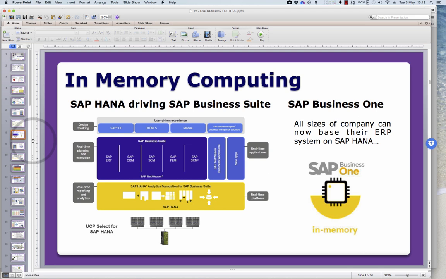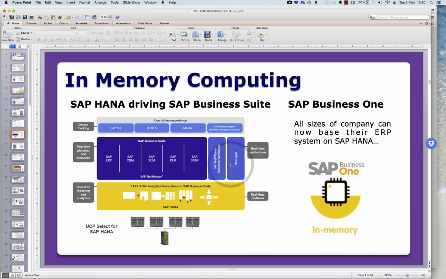You can actually run SAP Business Suite on the SAP platform, and the most recent incarnation of that is SAP have just launched an ERP version called SAP S4 for HANA, and that is a very close integration of Business Suite with SAP HANA, and a lot of companies are moving over to it already. So that's been a gamble for SAP, but it's certainly going to pay off, I think.